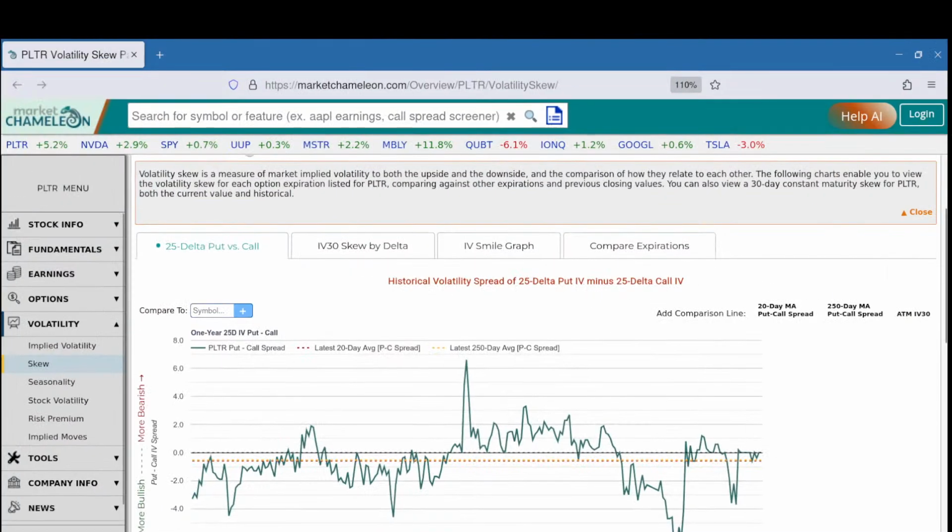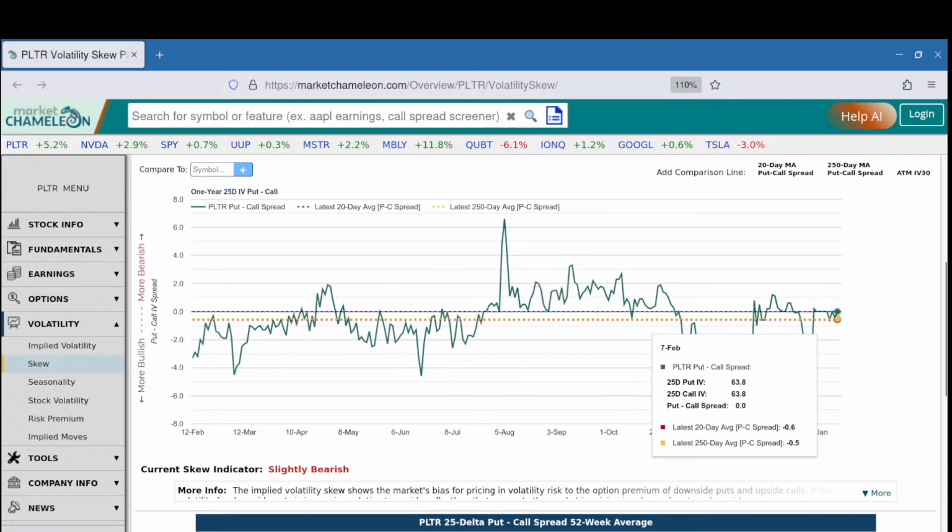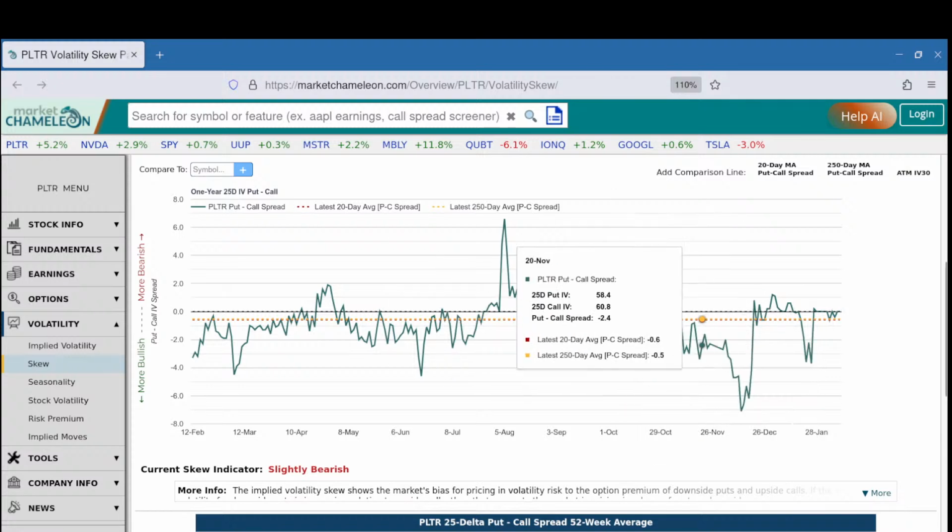I'm just quickly pulling up this Market Chameleon chart. Okay, this is showing the skew between puts and calls. What it shows you right now is it's actually slightly bearish. It's pretty much normalized, slightly bearish skew. So what that suggests is there isn't this enormous amount of speculative fervor coming in via options into Palantir, right?